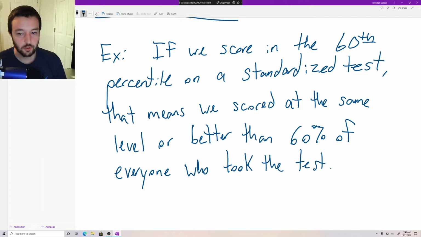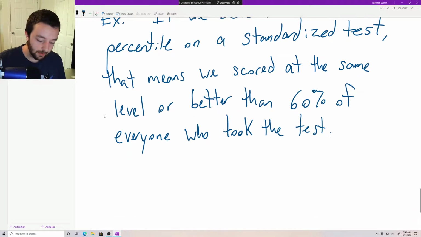Okay. So if you get like your ACT score or your SAT score or whatever, and it tells you got in the 60th percentile, that means that you scored better or the same than 60% of people. In other words, 60% of people scored the same or worse than you. Okay.